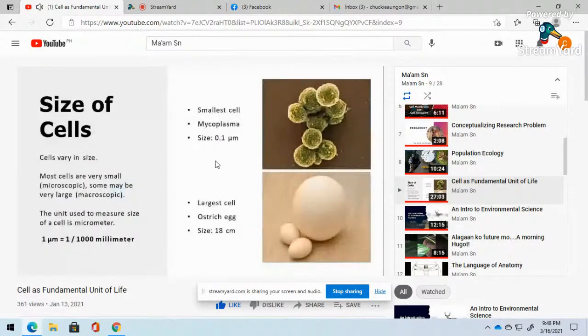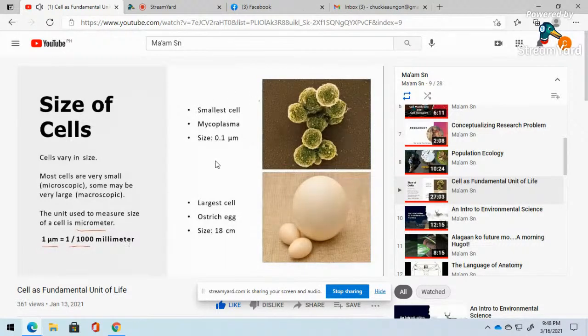Cell sizes vary. Most cells are very small, microscopic, and some may be large or macroscopic. The unit used to measure the size of the cell is called the micrometer. One micrometer is about 1/1000 of a millimeter.